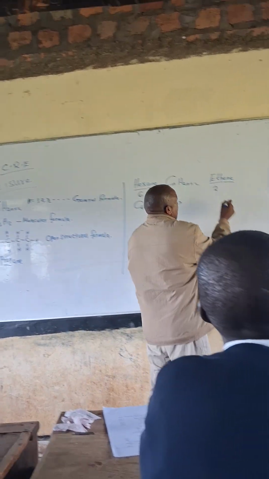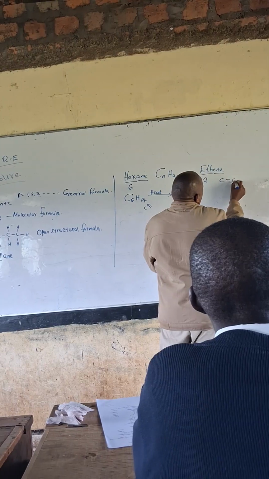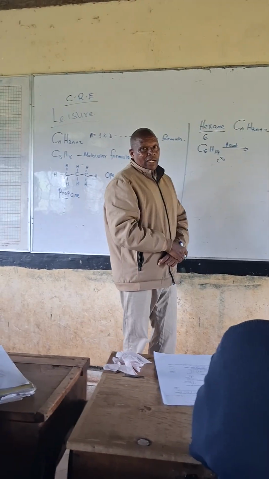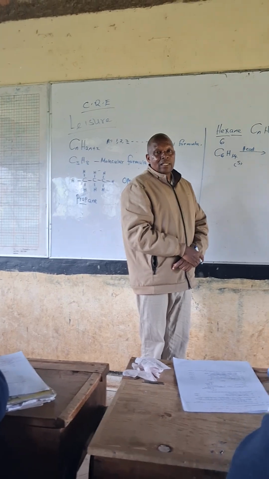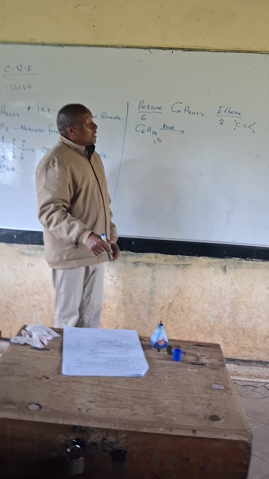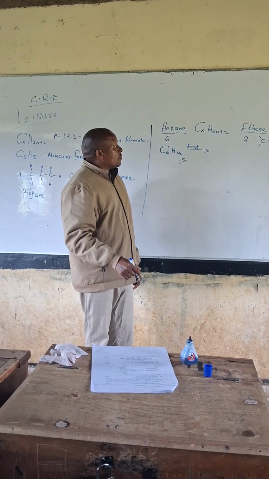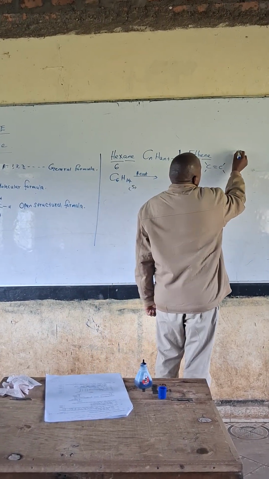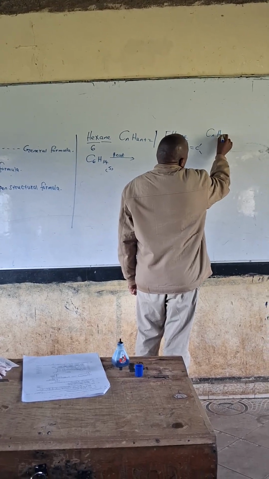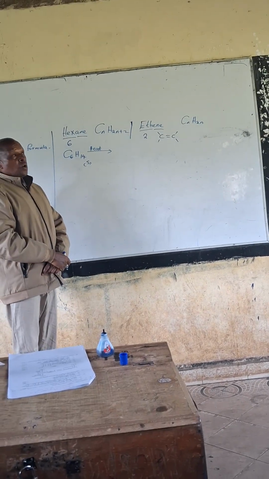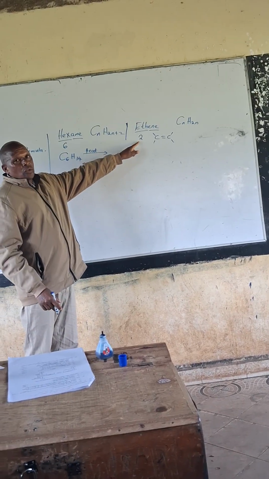Are we together? Lastly, we should look at the general formula for alkenes, which is CnH2n, where n is equal to 2.